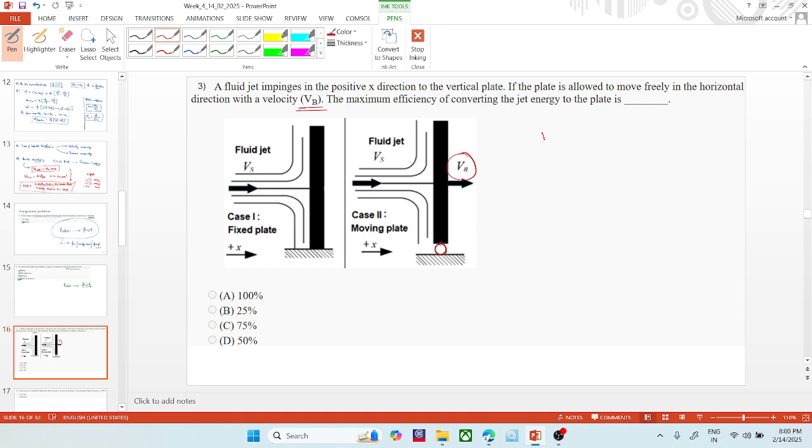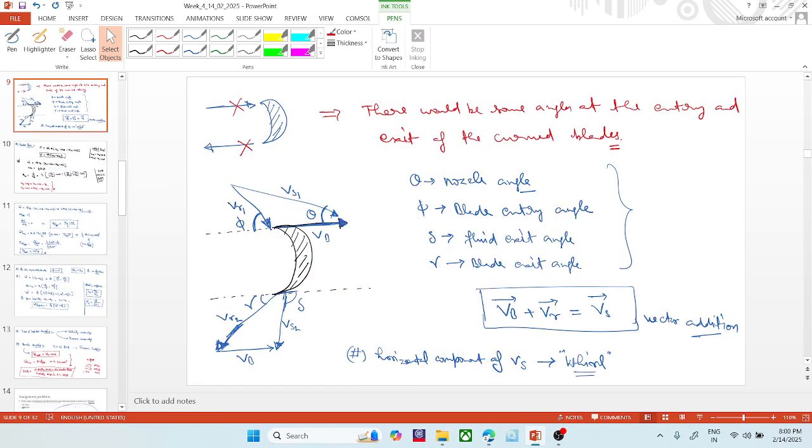Here they have asked for the maximum plate efficiency. Actually, this thing we have done in our slides. I will go to that.